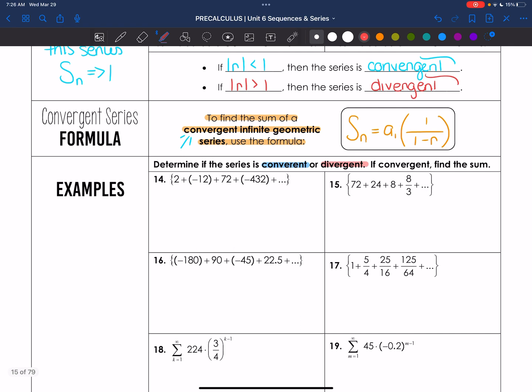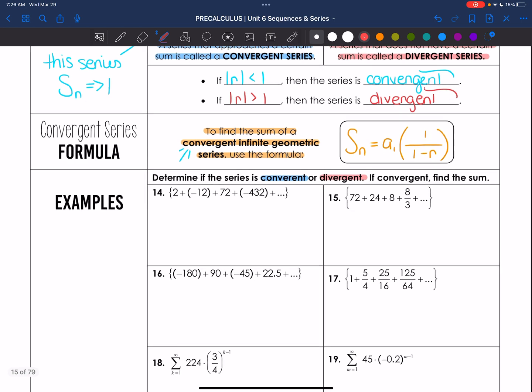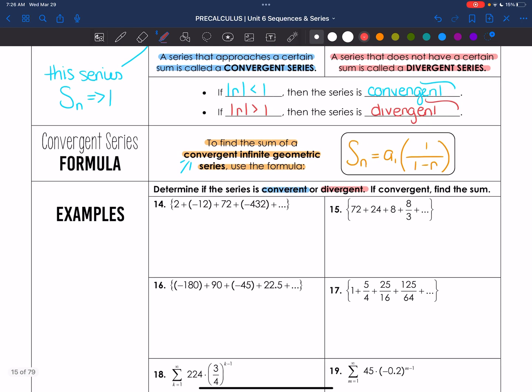So let's look at example number 14. If we're going to determine if it's convergent or divergent, we need to know its r value. That will determine convergent or divergent. So ladies and gentlemen, let me ask you, what is our r value for example 14? What is that r value?